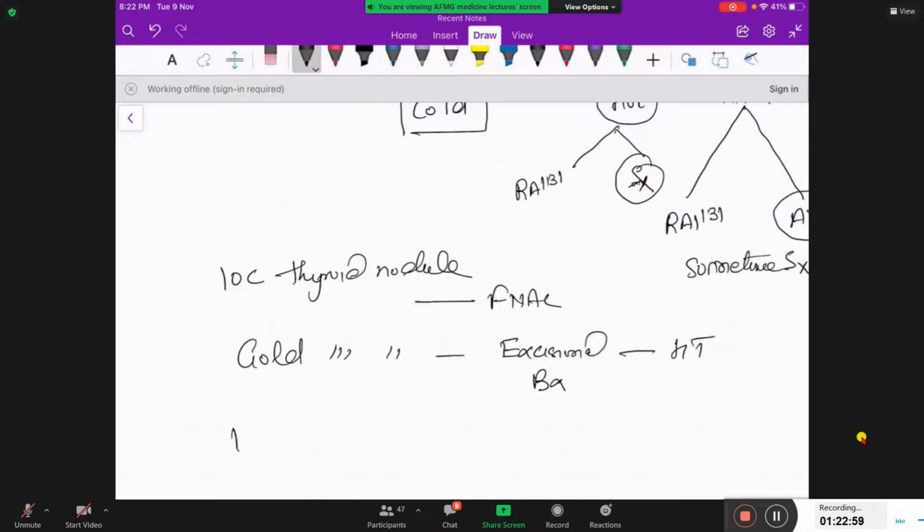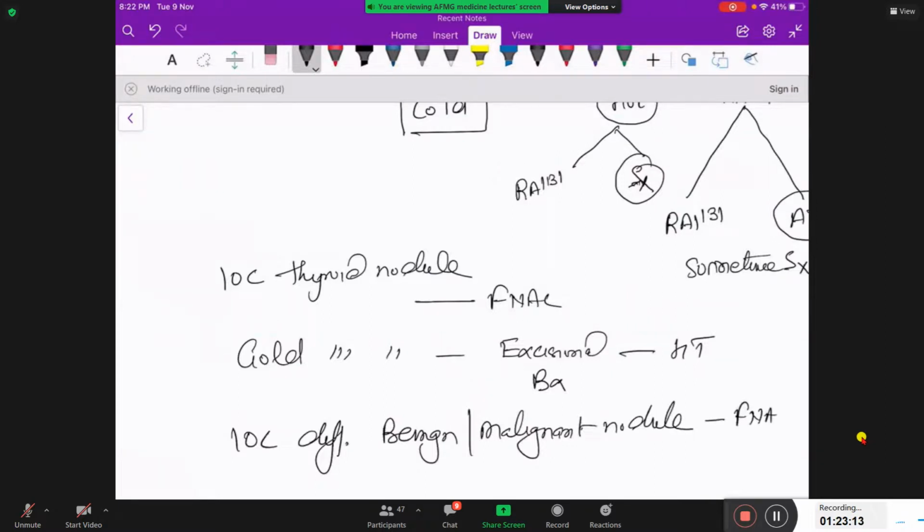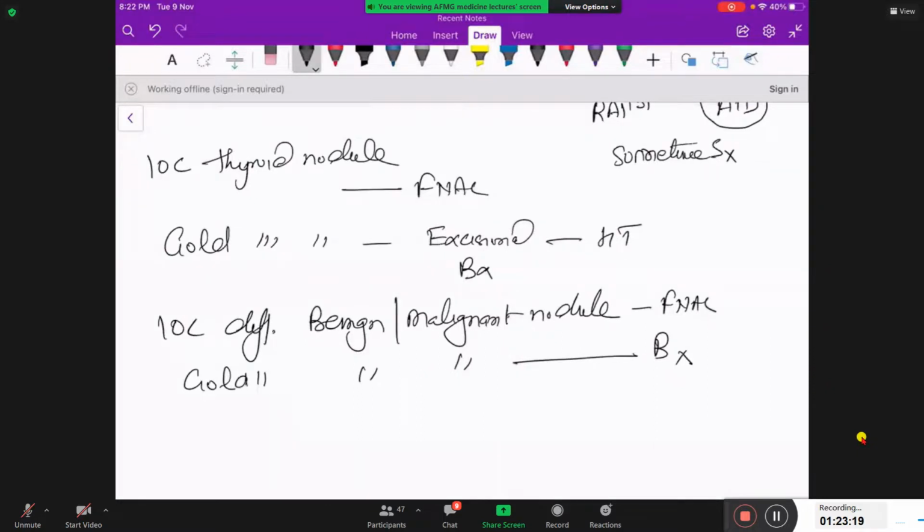If you are asked what is the investigation of choice to differentiate benign nodule from a malignant nodule, it is again FNAC. If you are asked what is the gold standard to differentiate benign from malignant nodule, again it will be biopsy. So you have now understood the theoretical thing also and a clinical approach also.